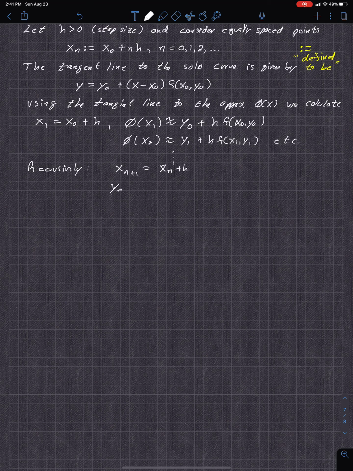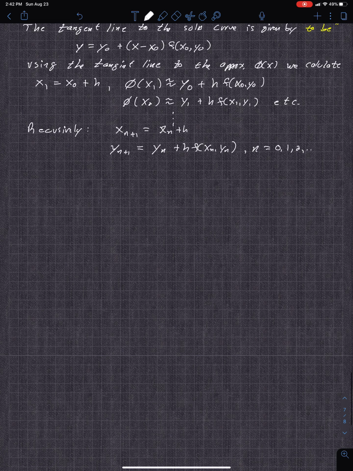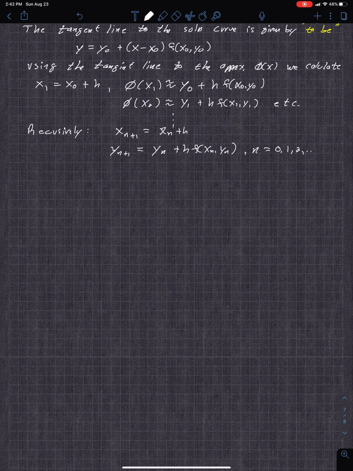And then y sub n plus 1, the next term, is y sub n plus your step size times f of x sub n, y sub n, where n is a whole number. So I just need you to know just the basic form, nothing fancy here. You'll be able to evaluate one question. To illustrate this, let's take a look at number 6 in the book.